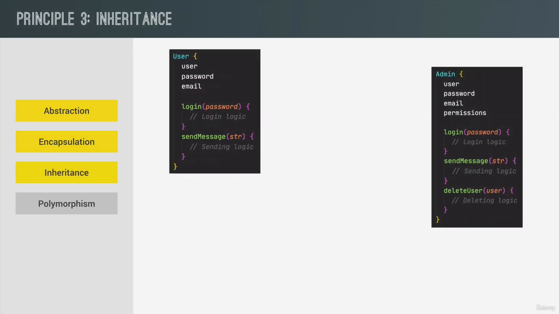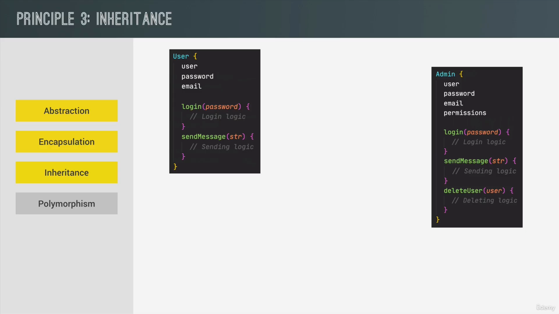Next up, we have inheritance. So let's say we have these two classes, user and admin, which stands for administrator. And as we can see, they have actually a lot in common. In fact, admin has all the properties and methods that user has, right? And that actually makes sense because if you think about it, an admin is also a user.